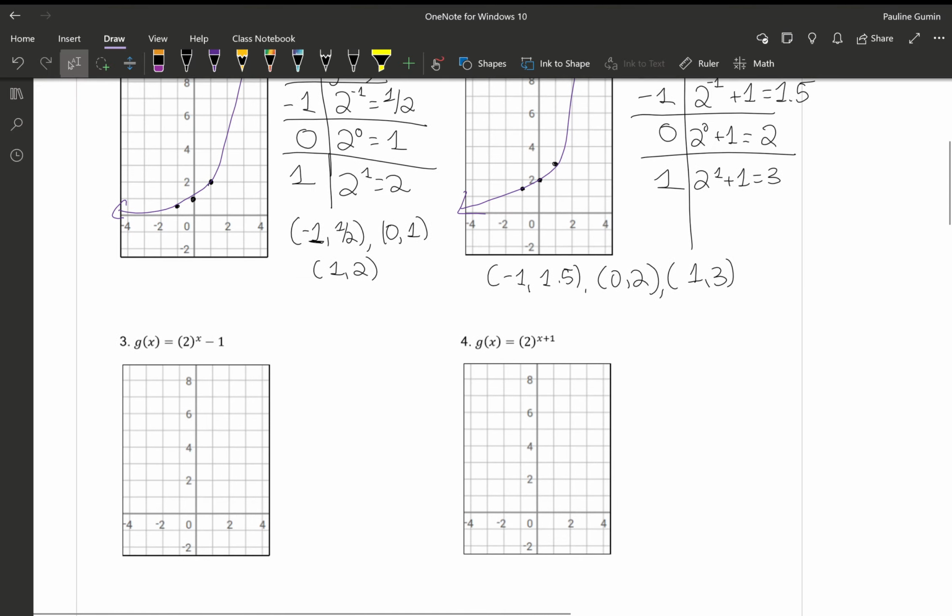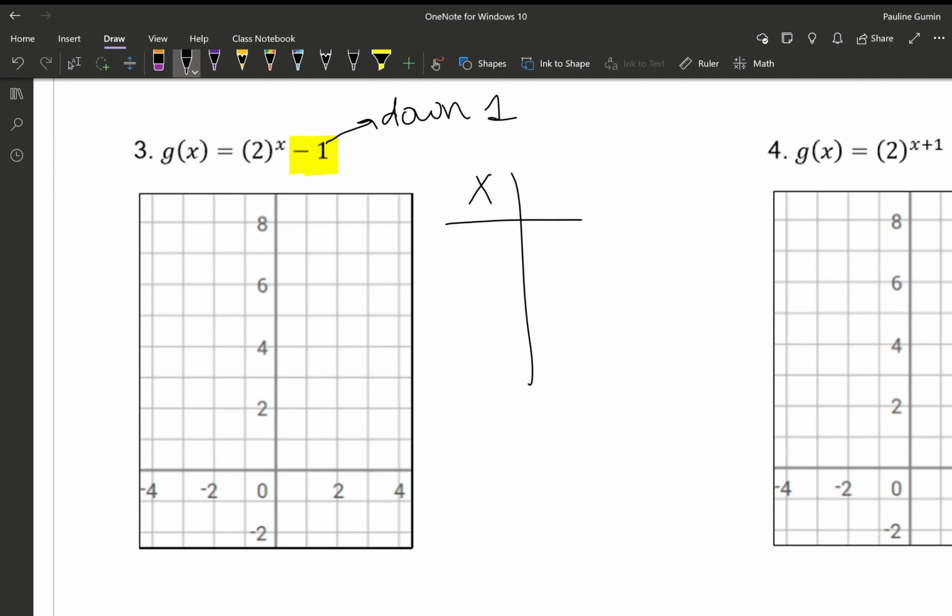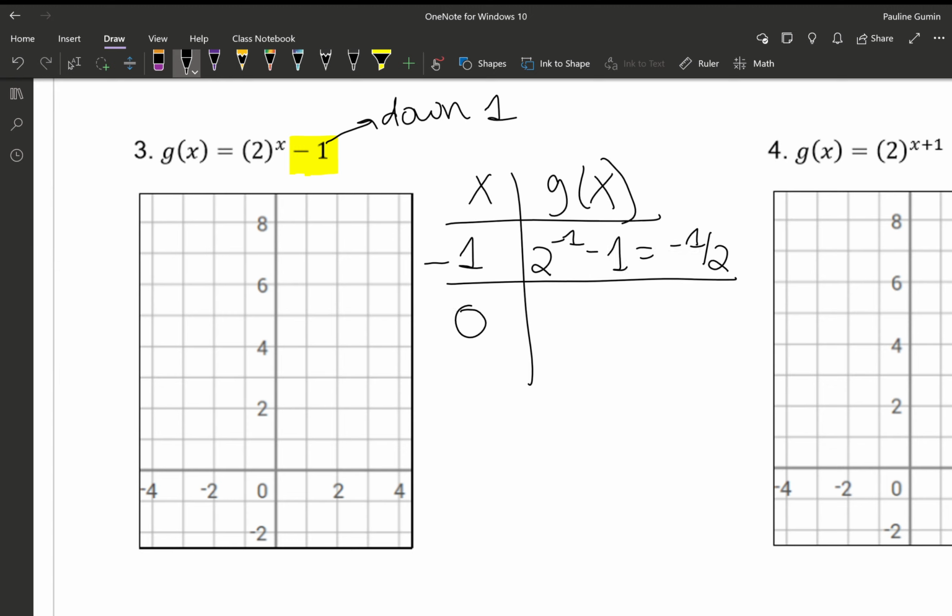Now in number 3, we have a -1 on the outside of our function. This means down 1. Now, don't believe me just yet. Let's prove it. First, I'm plugging in -1. So 2 to the power of -1 minus 1 gives us -1/2. 2 to the power of 0 minus 1 gives us 0.